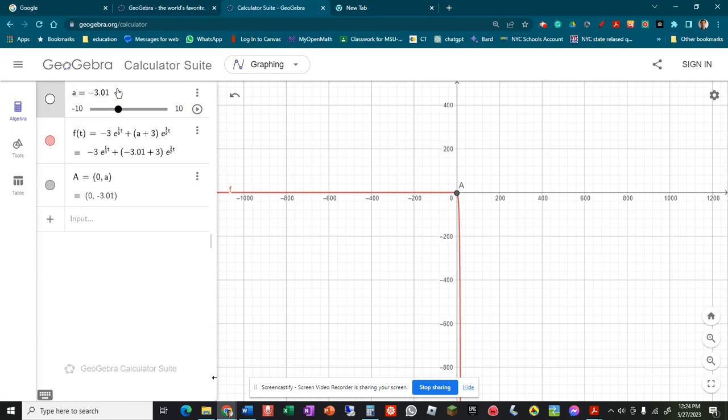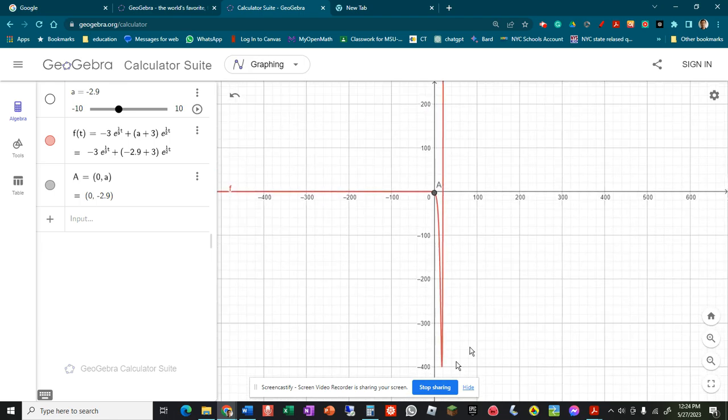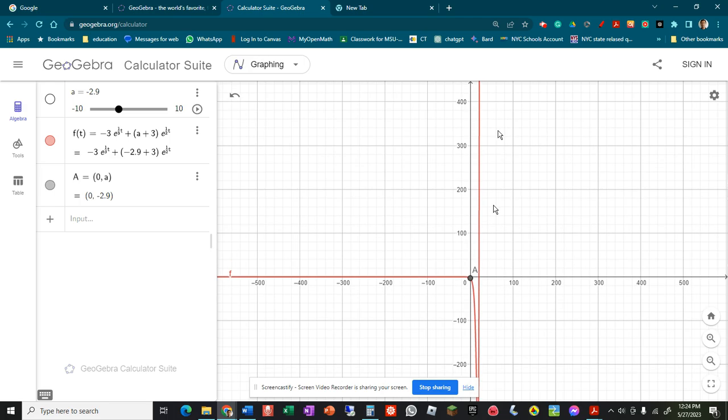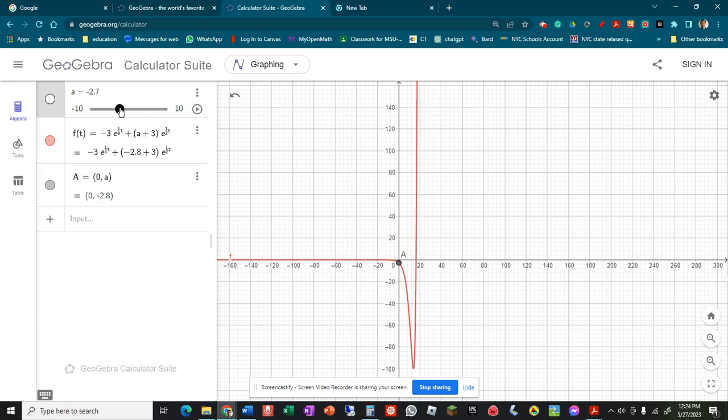For example, when a is -2.9, which is bigger than -3, the graph will go down, come back, and go above the x-axis. You can see that when I zoom in. So that's my critical value, a is -3. As long as a is bigger than negative 3, the graph eventually comes back above the x-axis.